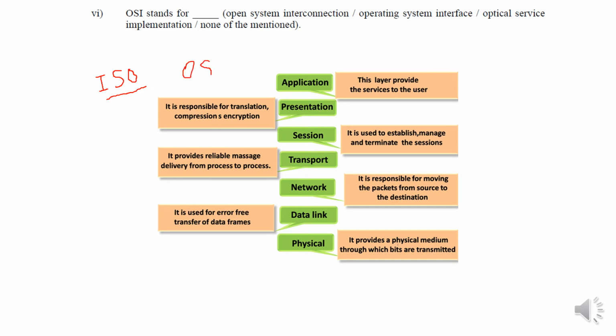Earlier, the TCP/IP model was kind of a proprietary model developed by DARPA, the US Defense Institute. In the DARPA project in the 1970s, they developed this TCP/IP model, but it was only their model, which they were using.